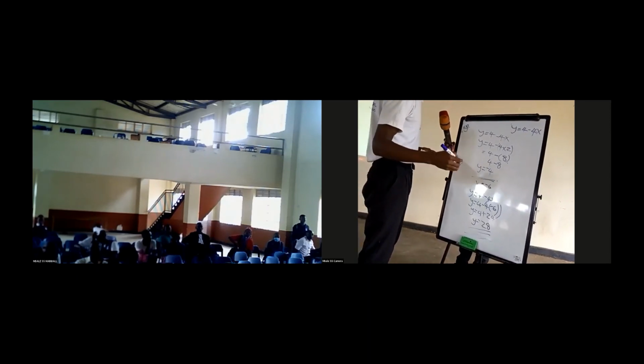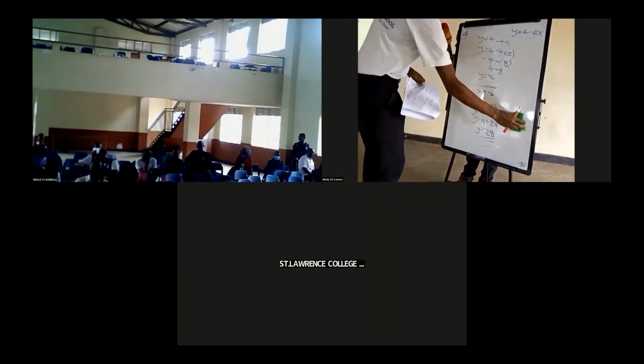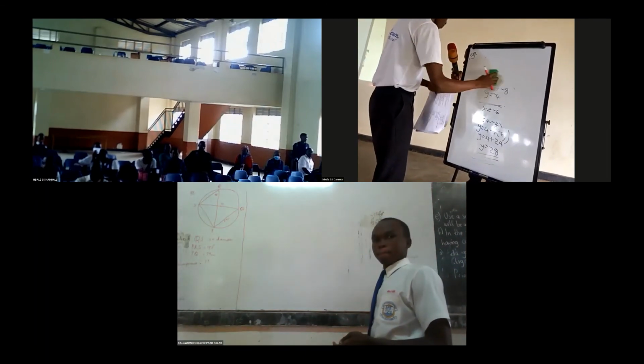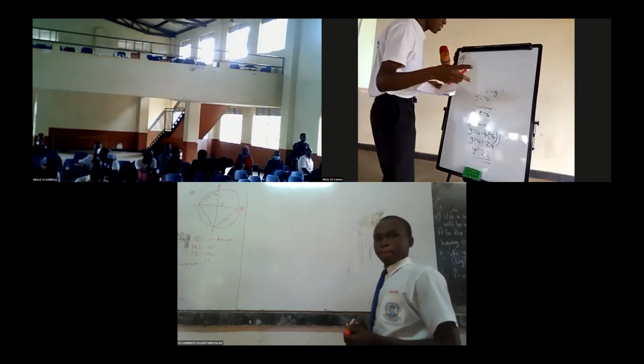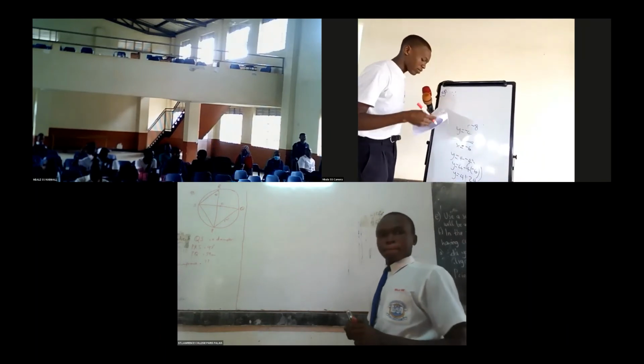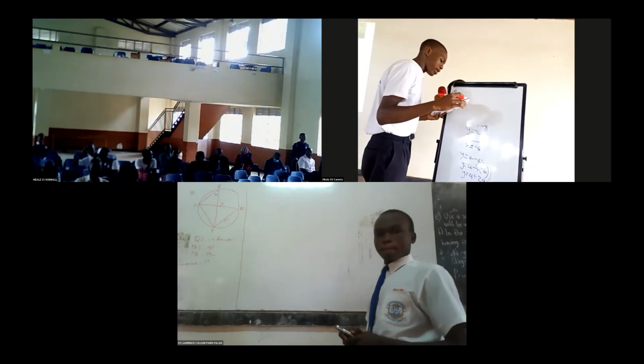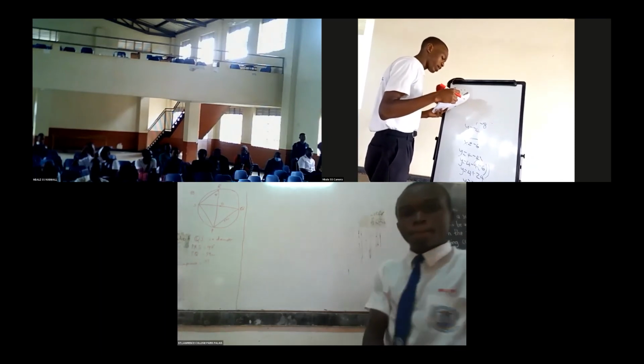So we shall say therefore. So our final answer will be, because the question required us to find the values of x and y, but the values of x, we were to solve them when brackets were given in matrix form.